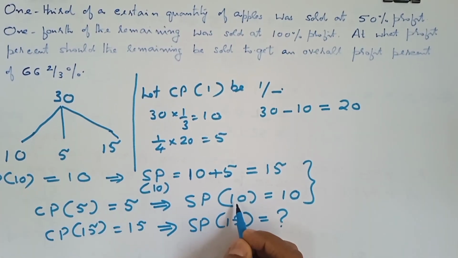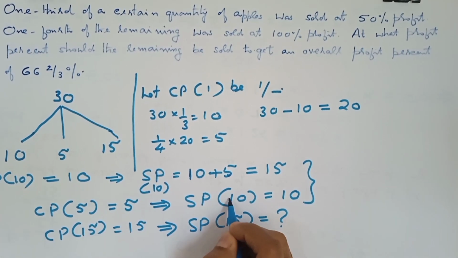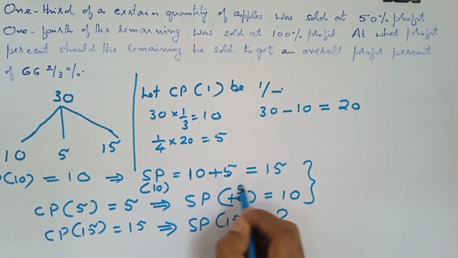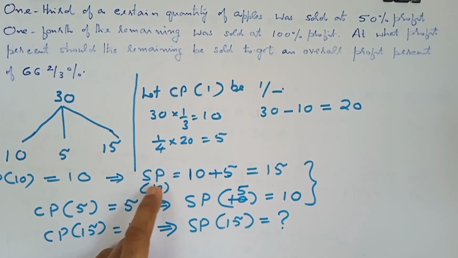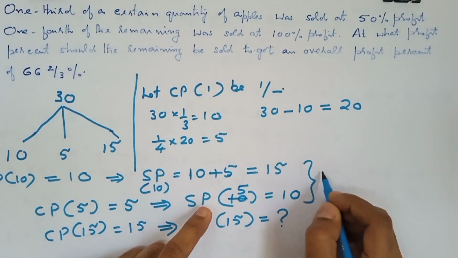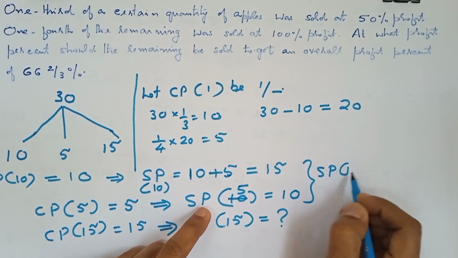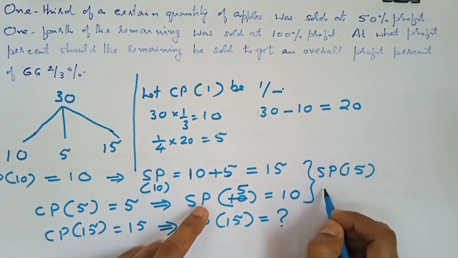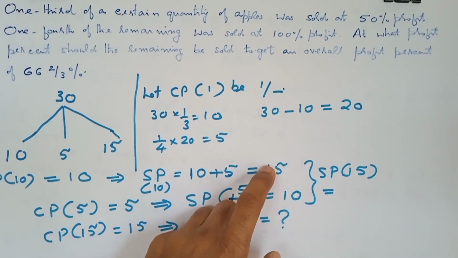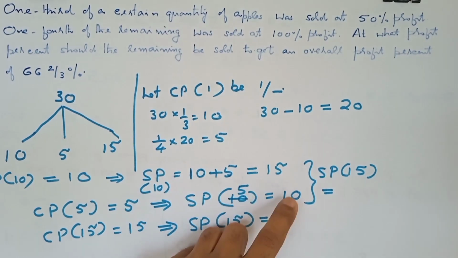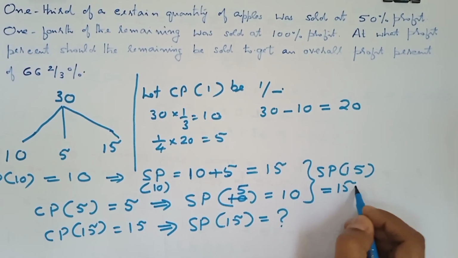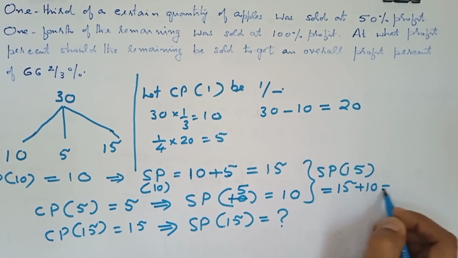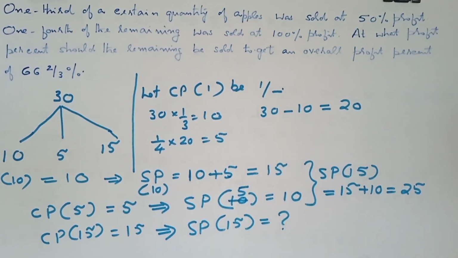SP of, sorry, here I made it 10. This is wrong. SP of 5, not 10. SP of 10 in the previous case. So combining these two, you will have SP of the first two parts, that's 15, that will be 10 is 15, 5 is 10. So putting them together, you get the total selling price, 25 rupees.